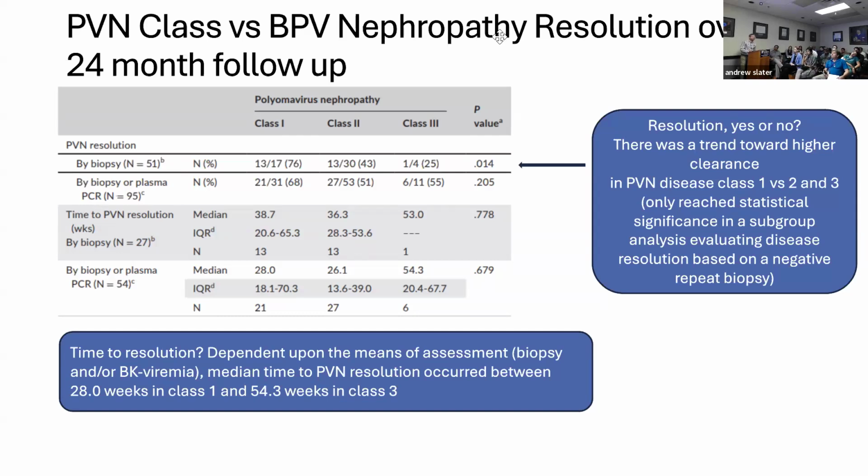And then what about time of resolution? That's dependent upon the means of assessment, biopsy and/or BK viremia. Median time to PVN resolution occurred between 28 weeks in class 1, and 53 weeks in class 3.